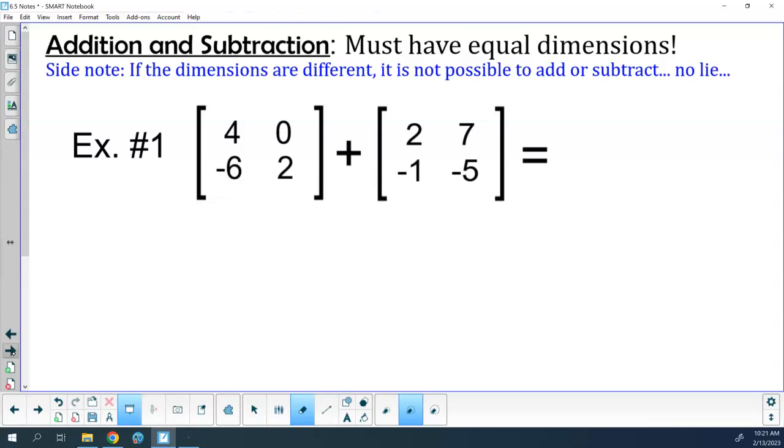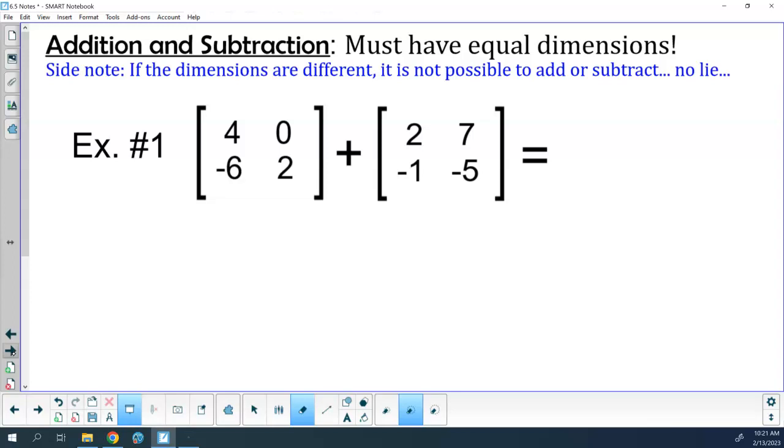If they're not, done. Literally done. Can't do it. Not possible. Not no solution, not zero, not possible.